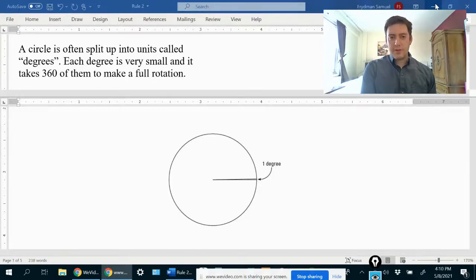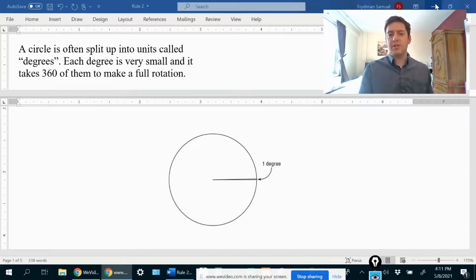The number 360 does actually come from somewhere. It has its origins in ancient Babylonian astronomy. And if you're interested, I'll put a link to an article that you can read in the description to this video. But still, there's no reason why we have to continue dividing a circle into 360 equal pieces and calling those pieces degrees.